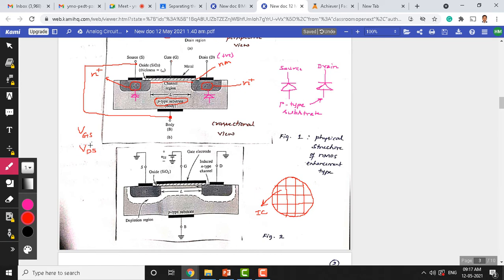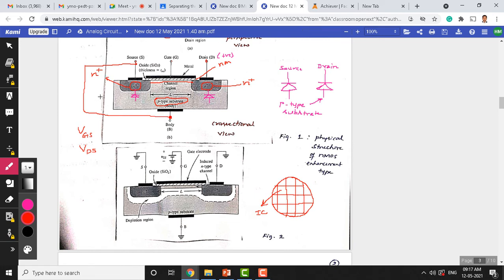Another voltage which is required for the electrons to move in the channel region in a longitudinal, horizontal direction is VDS. So here VDS is the voltage applied between the drain and source. That means all voltages within the MOSFET are applied with reference to source. Another way we can say that it is applied with reference to body or bulk substrate here, since these are short circuited. I don't want to deal with what happens to the device when we apply some voltage between the source and substrate, and that's not the scope of this topic.